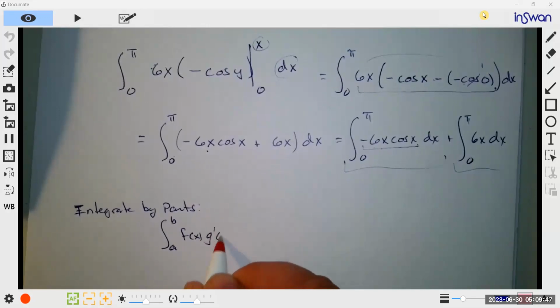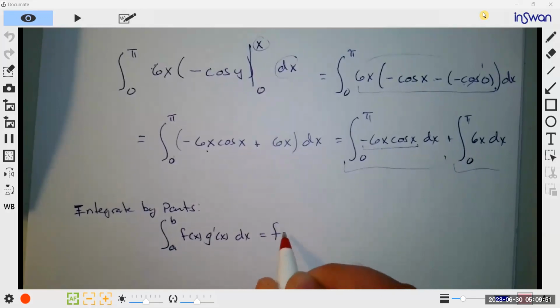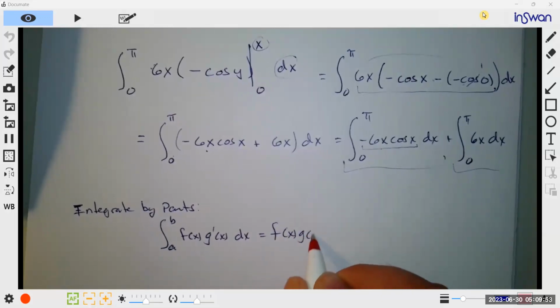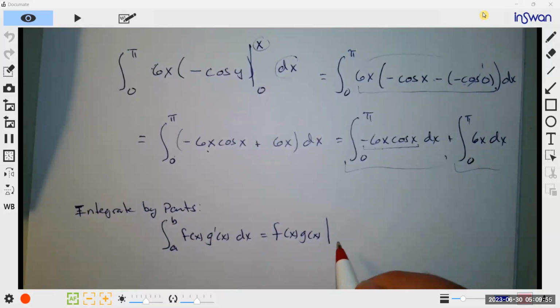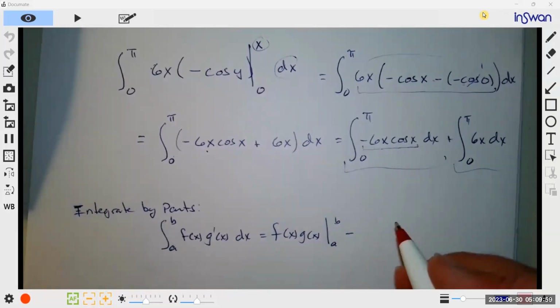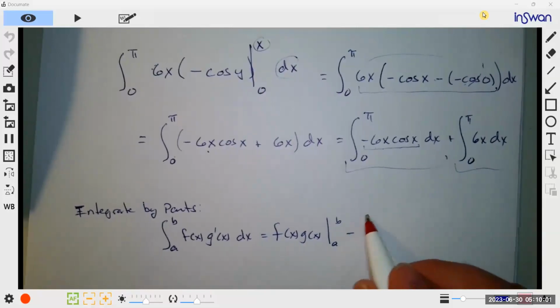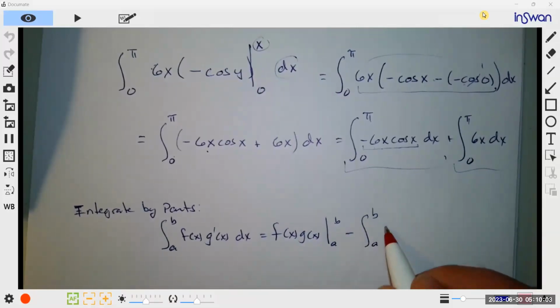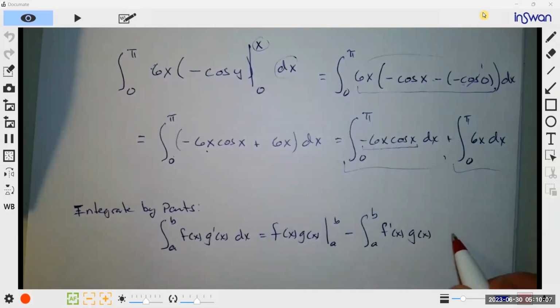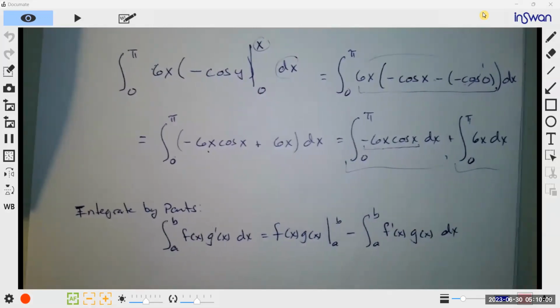The integral of f of x g prime of x equals f of x g of x minus just the opposite of that, the integral of f prime of x g of x dx.